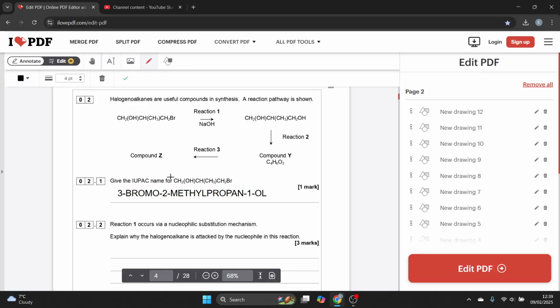Because you think about it, you've got one carbon here, one carbon here, that's your methyl group, and then that's the third carbon. 3-bromo, because remember, alphabetical order, A, B, that's before M in the alphabet. It's 3-bromo, then 2-methyl, because the methyl group is on the second carbon, and then propan. Why is it 1-ol? Because the alcohol group is on the first carbon. So when you simplify it like that, then it makes sense. So 3-bromo, 2-methyl, propan-1-ol.